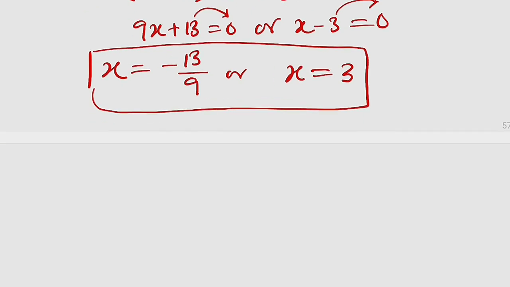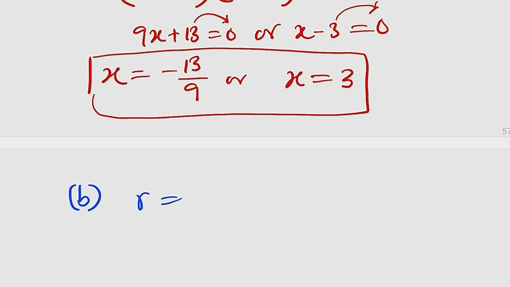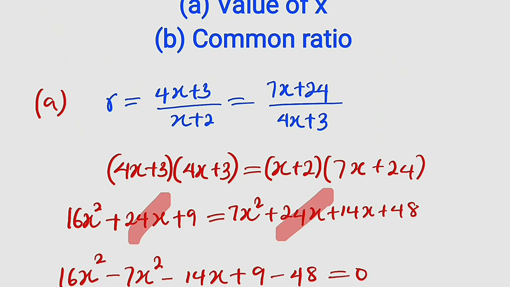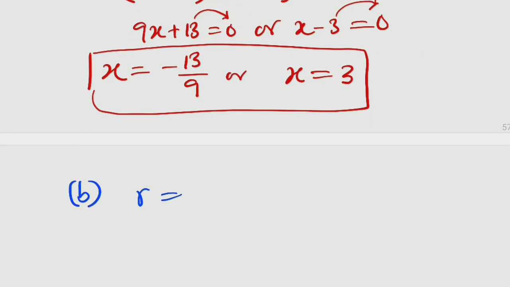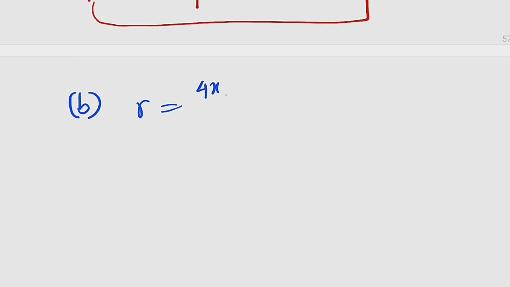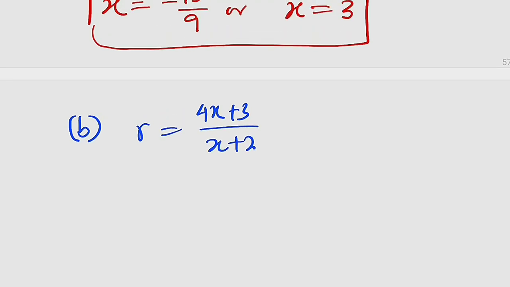But remember, the B part stated that we should find the common ratio. But we know that the common ratio is the same thing as 4x plus 3 divided by x plus 2. But we have two values of x. So let's start with the first one.